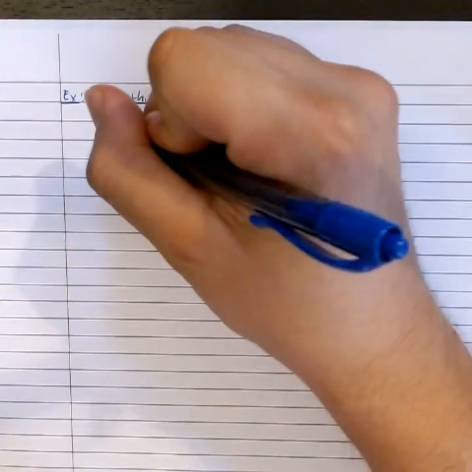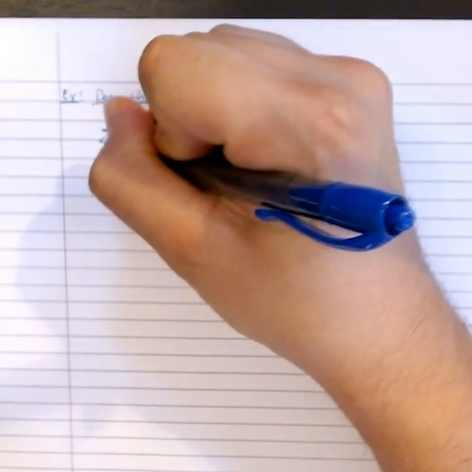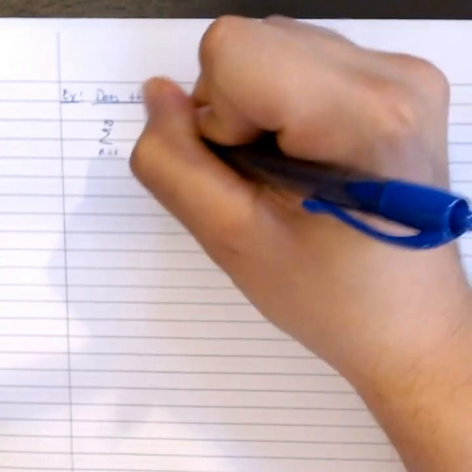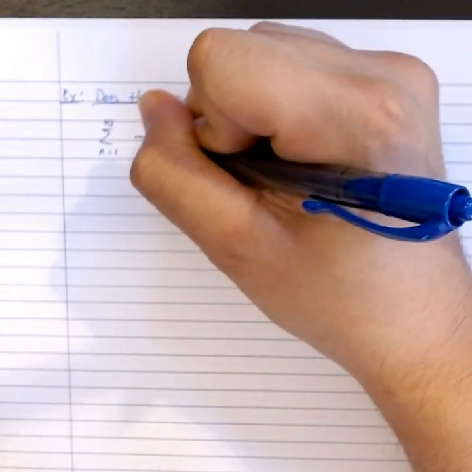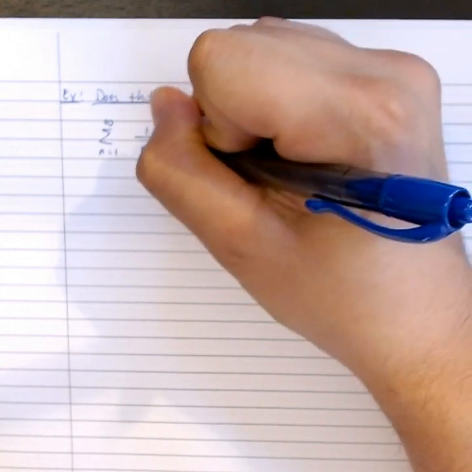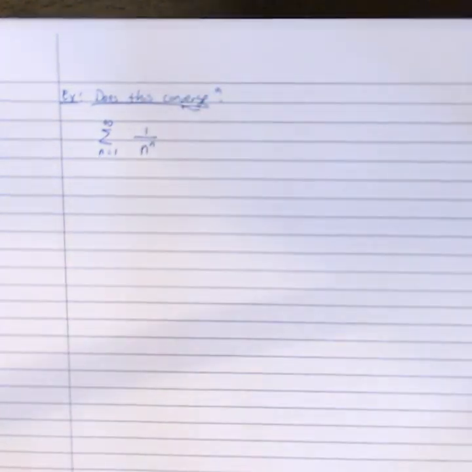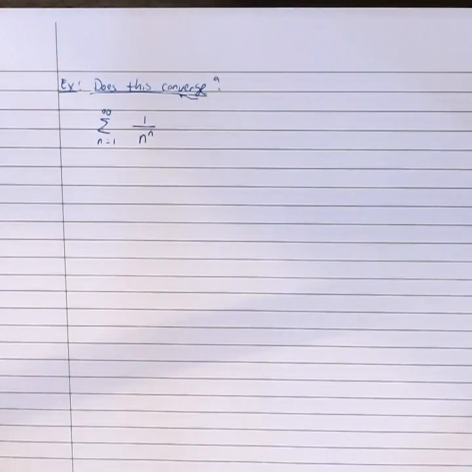At least it's simple if we are allowed to use the root test. Let's take the sum as n goes from 1 to infinity of 1 over, let's say, n to the power n. Okay, well, looking at that, I've never seen anything quite like that, the nth power of n, at least not in a sum.